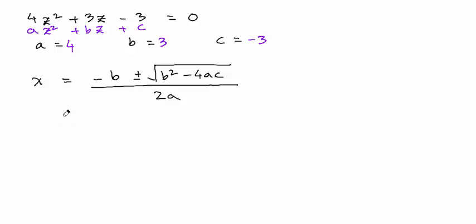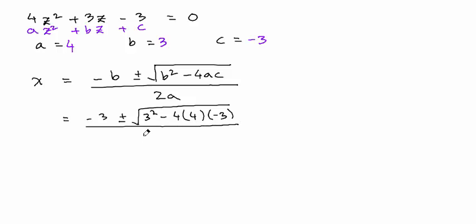So we have x is equal to negative b, which is negative 3, plus or minus square root of b squared, which is 3 squared, minus 4 times a, which is 4, times c, which is negative 3, all of that divided by 2 times a, which is 4.